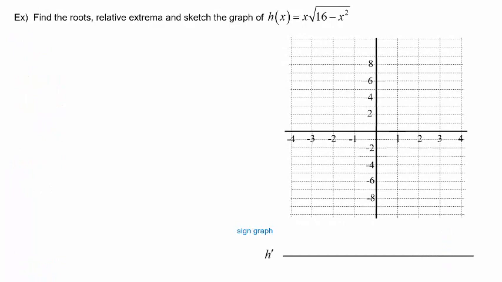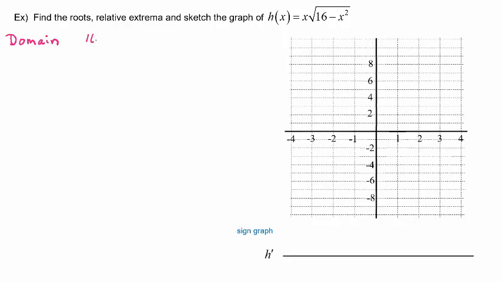In this example, find the roots, relative extrema, and sketch the graph of h of x equals x radical 16 minus x squared. Now, because we have a radical, we should first consider the domain of this function.